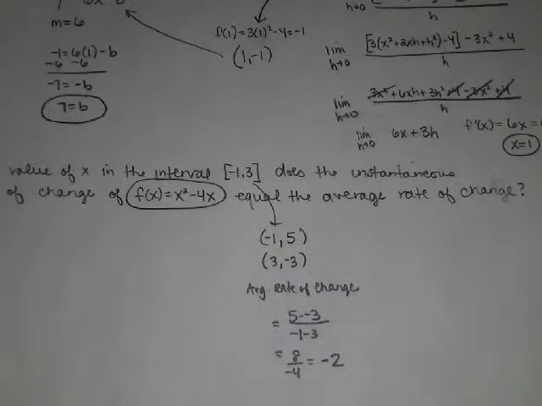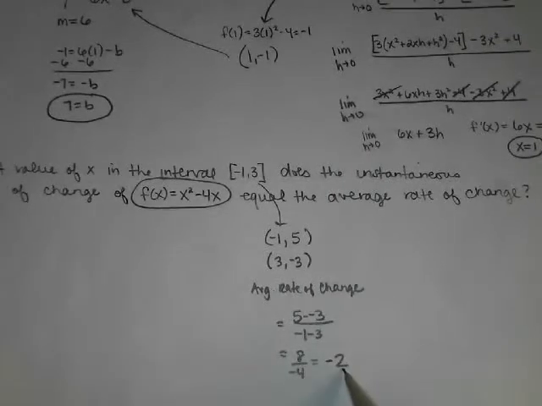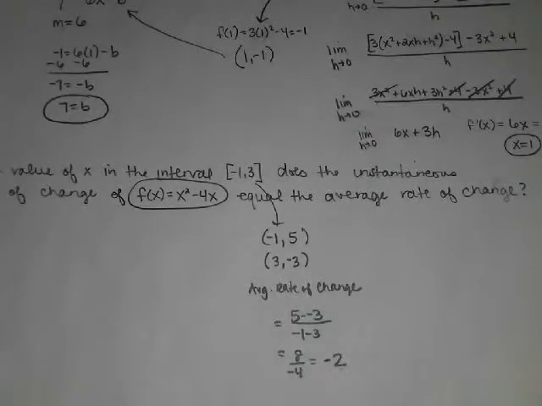So, what are we going to do with that? Great. We know the average rate of change is negative 2. Are we going to solve for the derivative and then find the x value when it equals negative 2? Correct. If we know our average rate of change is negative 2, we need to set our instantaneous rate of change equal to negative 2 as well.